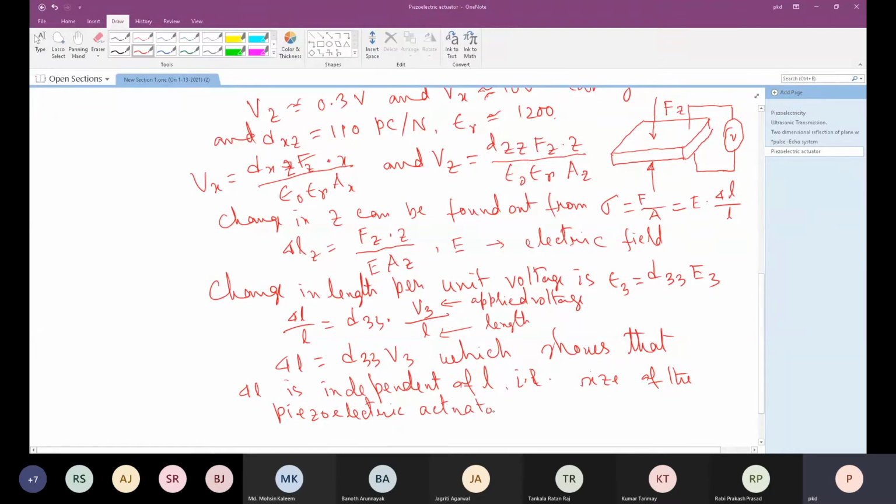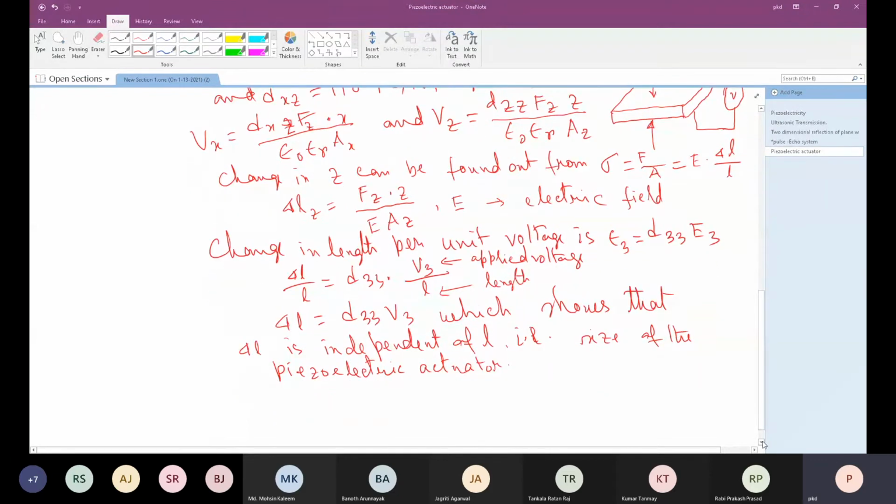Be it small or large, we can get the same displacement for the small piezoelectric actuator or a large piezoelectric actuator if we can apply a voltage.